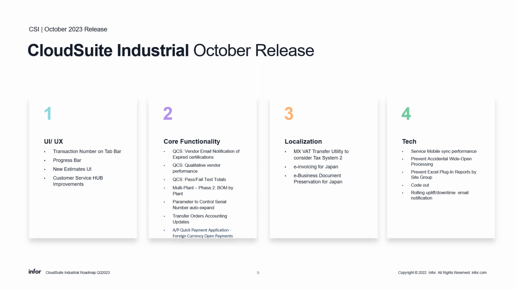So the next bullet point there, we have a brand new estimate UI that we are going to be releasing for October. We took the estimate process, the estimate forms, consolidated the processes and the functionality across different forms, and collated that to make it much more intuitive. We leveraged new functionality for the user experience.